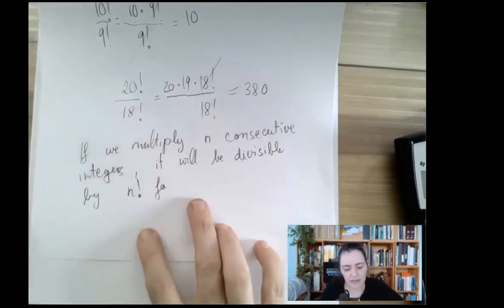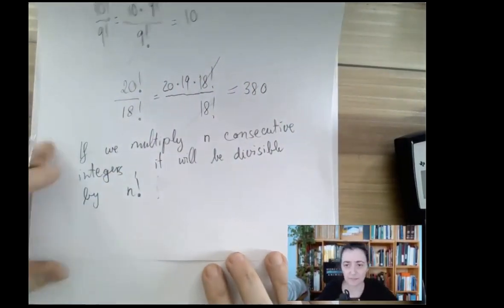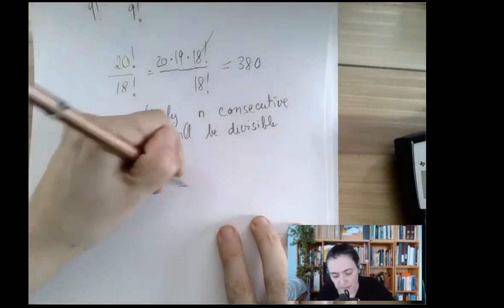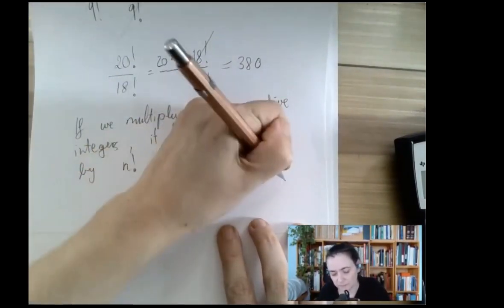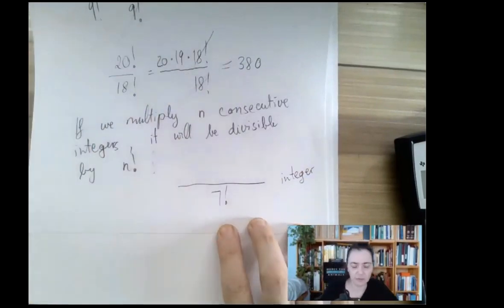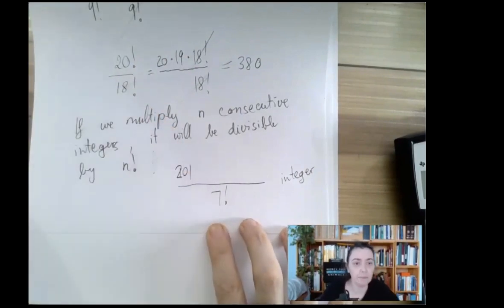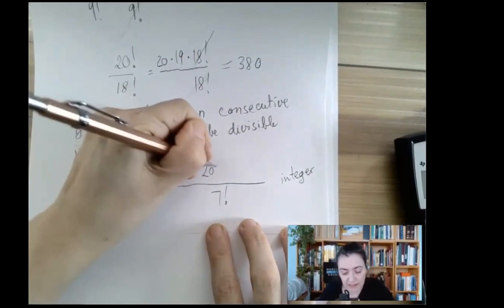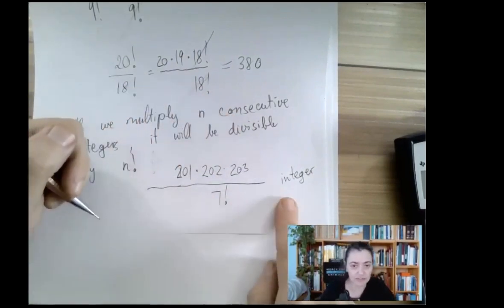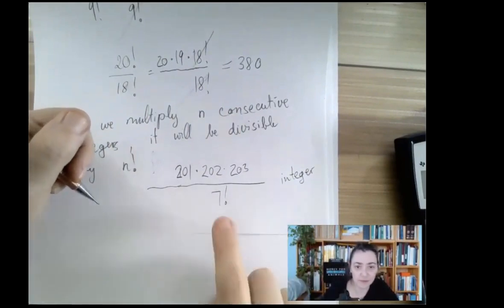So for example, you start at 11, say 7. Our magic number is 7. This is always going to be an integer. If you start with any number like 201, which is a nasty prime, and you multiply it by the next one and by the next one, and if you multiply 7 consecutive numbers here, doesn't matter which 7, they're all going to be divisible by 7 factorial.